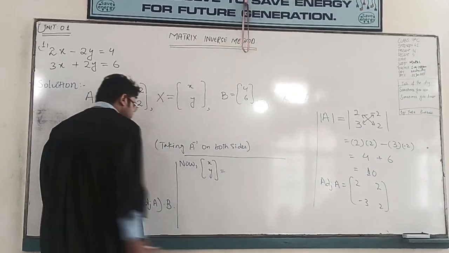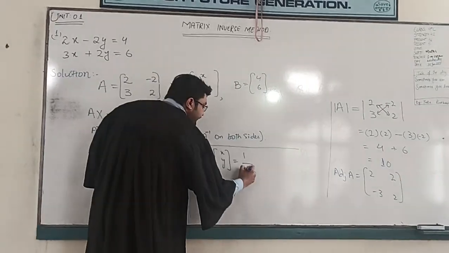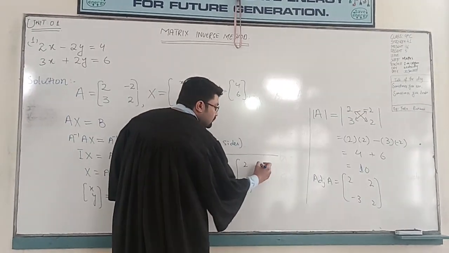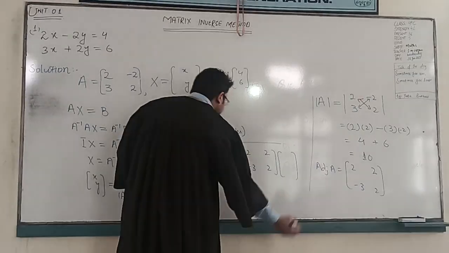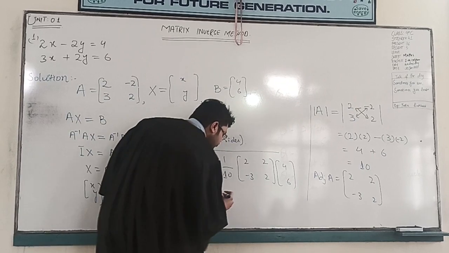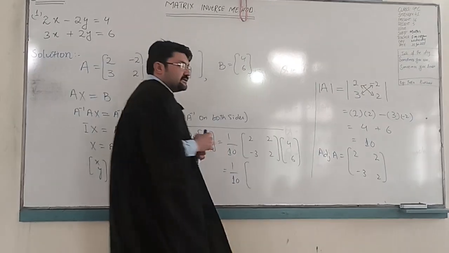Now X and Y is equal to 1 by 10, and adjoint of A is 2, minus 3, 2, and B is 4, 6. We will take their product.